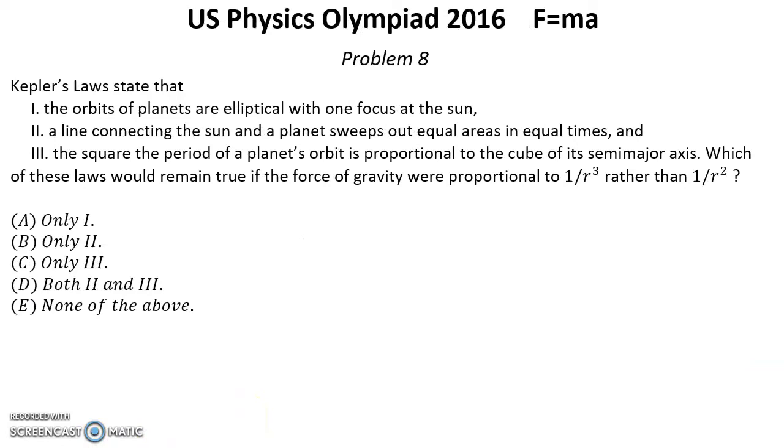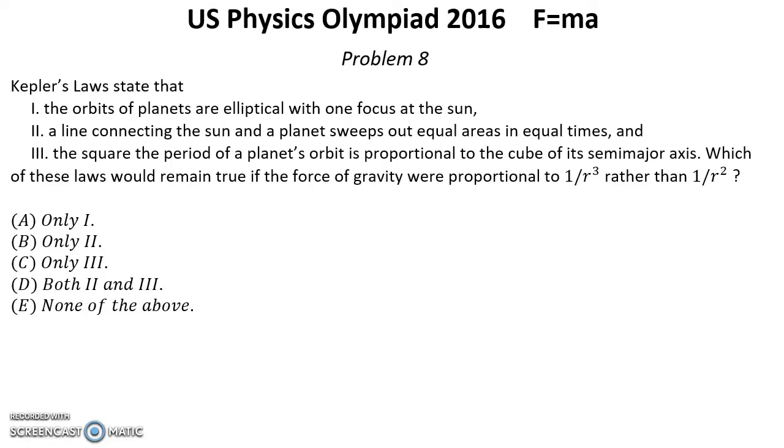Problem number 8. Kepler's laws state that, first law, the orbits of planets are elliptical with one focus at the Sun. Second law. A line connecting the Sun and the planet sweeps out equal areas in equal times.